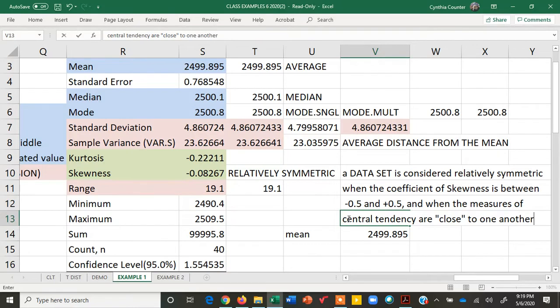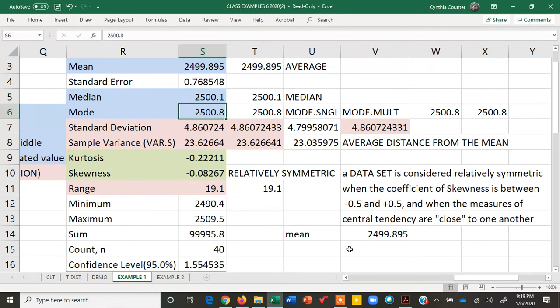When you have a coefficient of skewness between negative 0.5 and positive 0.5, that will also correspond to your mean, median, and mode, your three primary measures of central tendency, being close together. And notice here they're all within 1 unit of 2500.